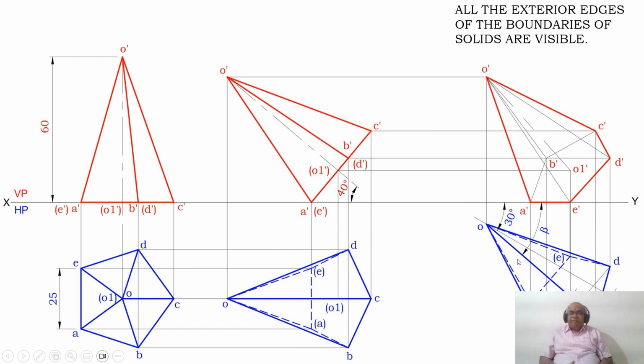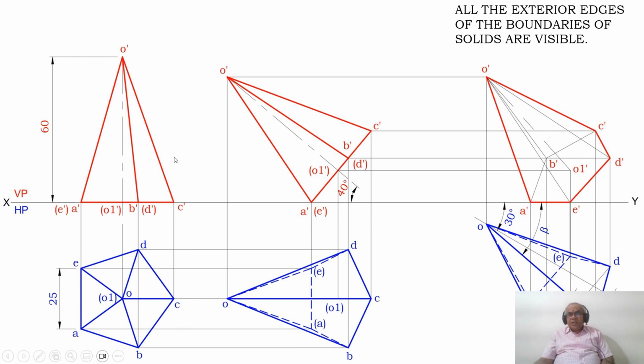Always remember, whenever you are drawing the solid in the third position, you make that base surface nearer to the observer. If you make that base surface near to the observer, the majority of the edges are going to be seen.